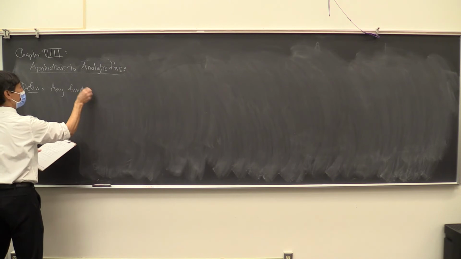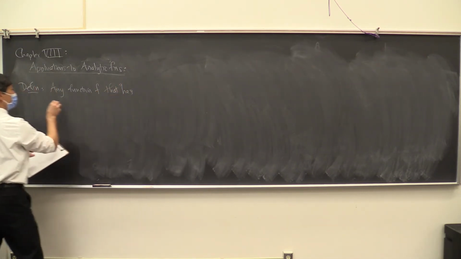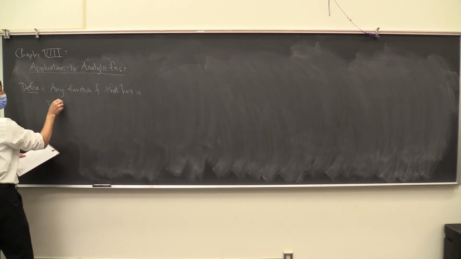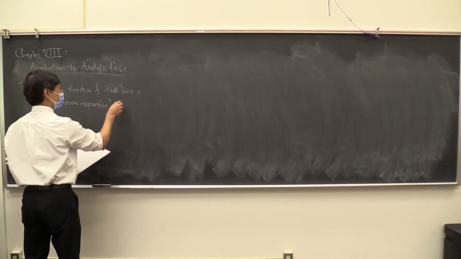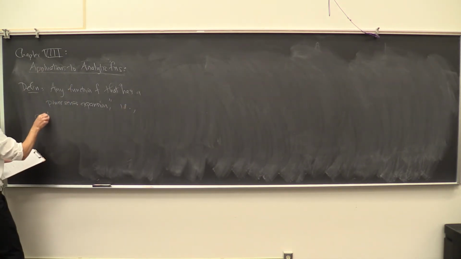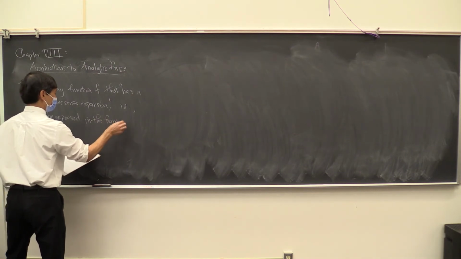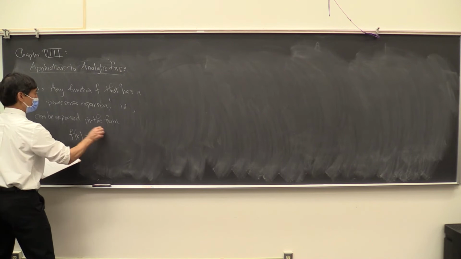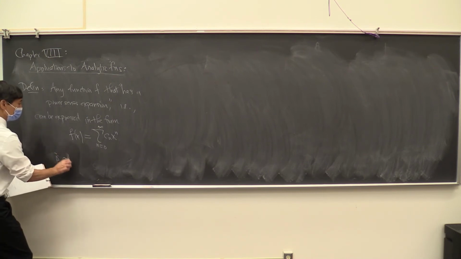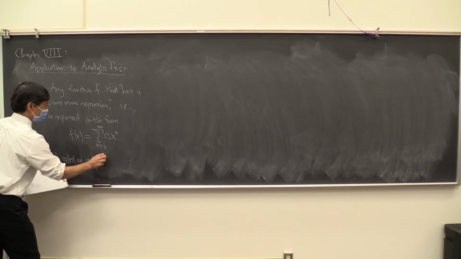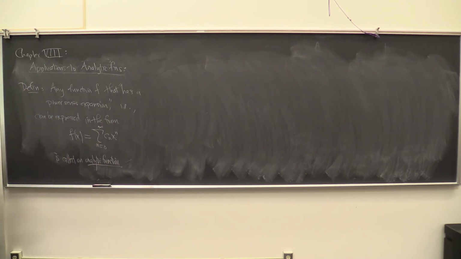Any function f that has a power series expansion, in other words, can be expressed in the form f of x equals summation c sub n x to the n from n equals 0 to infinity, is called an analytic function. So it's a function that has a power series expansion.